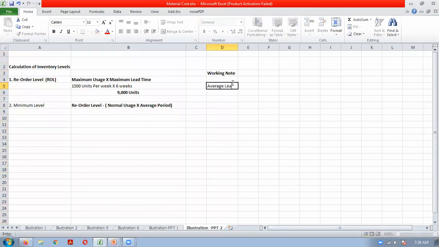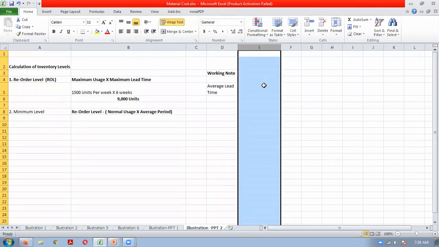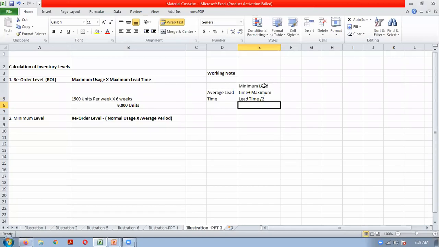Average lead time. The average lead time formula is maximum lead time, or you can say minimum lead time, plus maximum lead time, divided by 2.